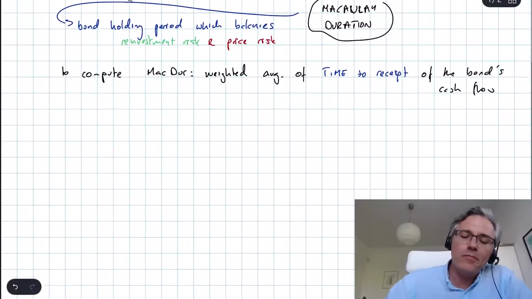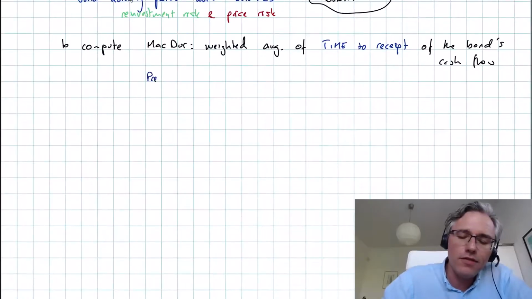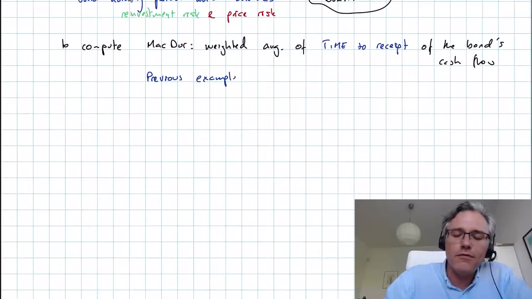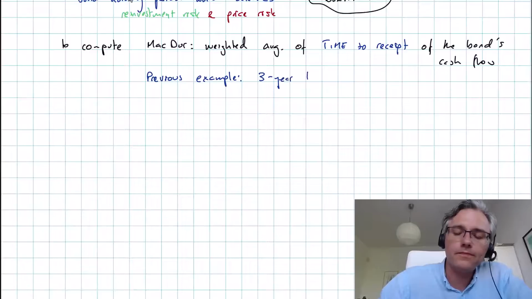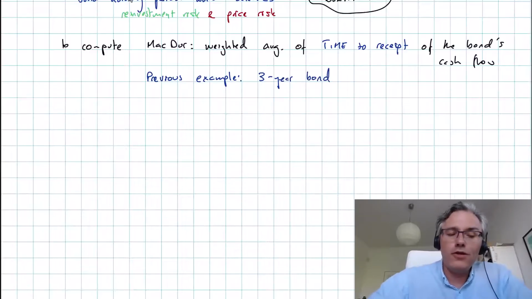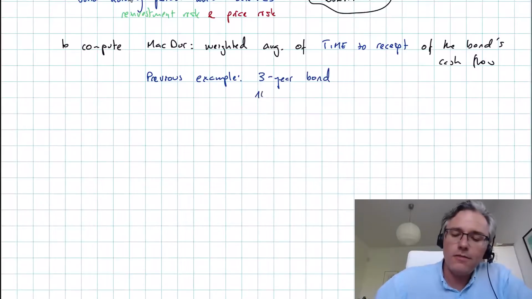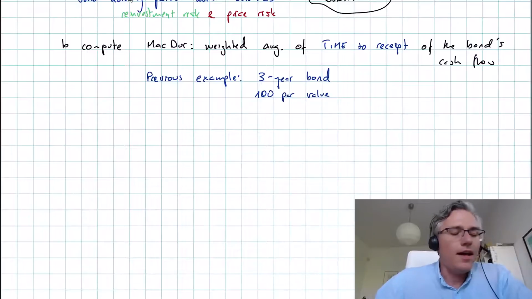So I'm going to base everything on the previous example. In the previous video, the example was such that we had a 3-year bond which had a 100 par value and a very extreme 64% coupon.